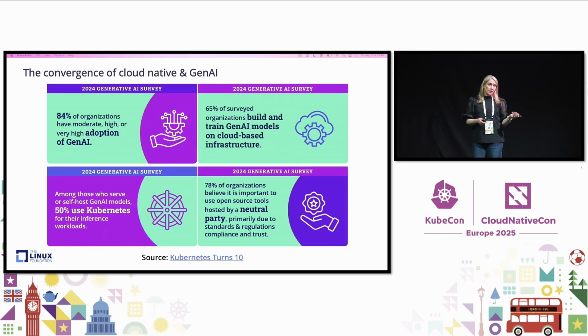And of course, Kubernetes was showing up in 50% of the use cases for inference workloads.